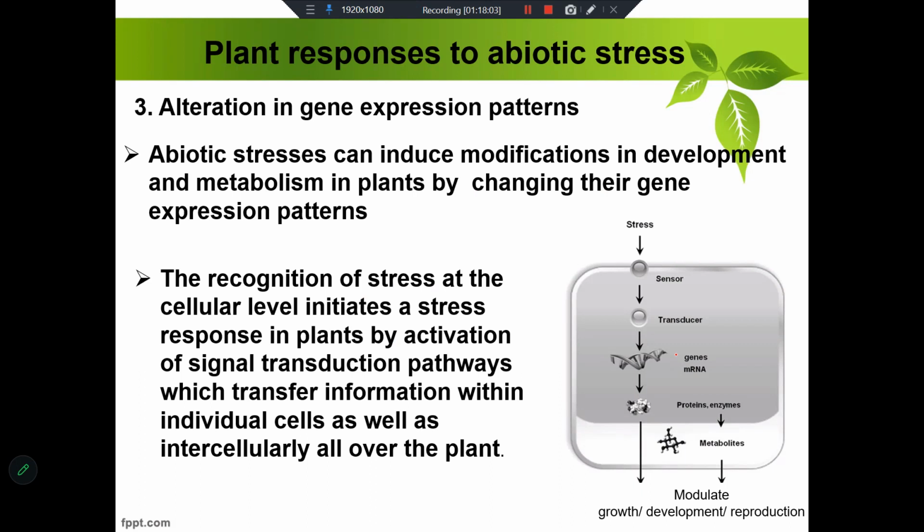Ultimately that signal will be given to the nucleus, where we can find the genome. As a response to that stress condition, certain proteins, enzymes, and other biochemicals can be synthesized. Those chemicals can modulate the growth, development, and reproduction of the cell, and ultimately the plant. So that is more towards a tolerance.